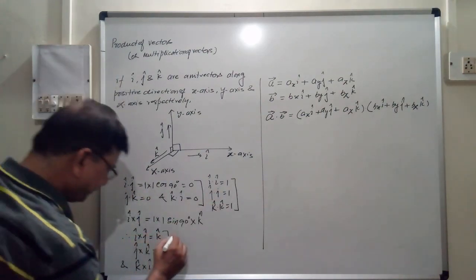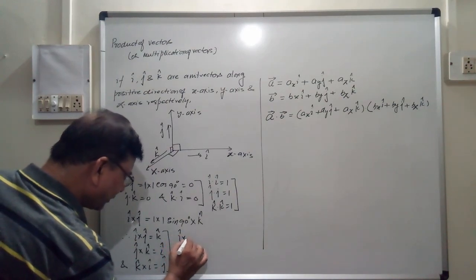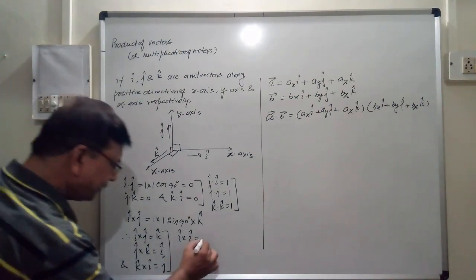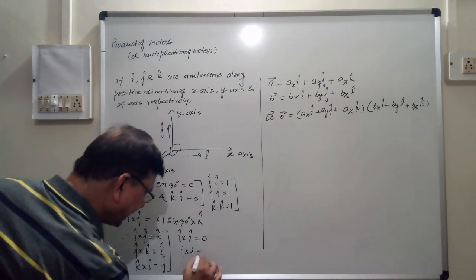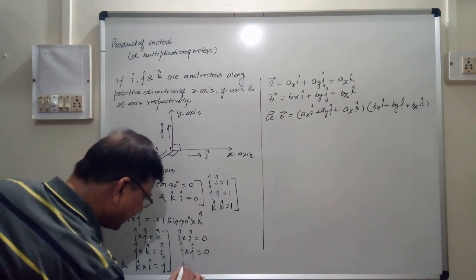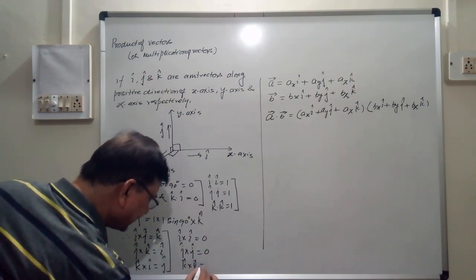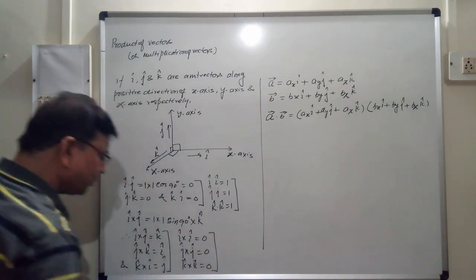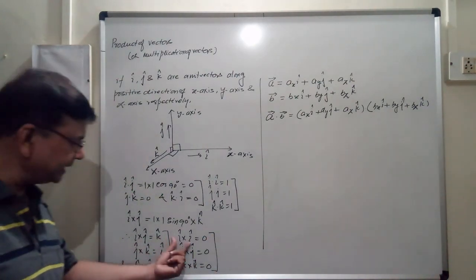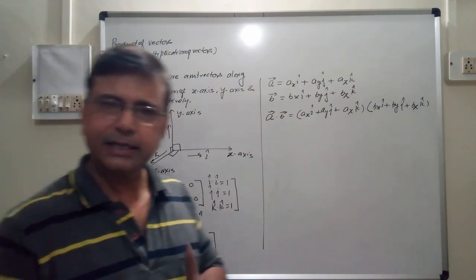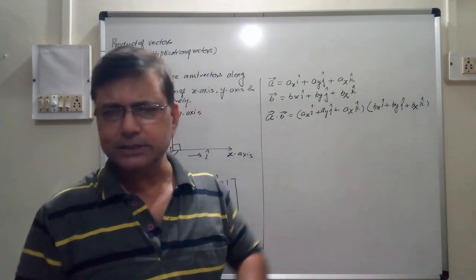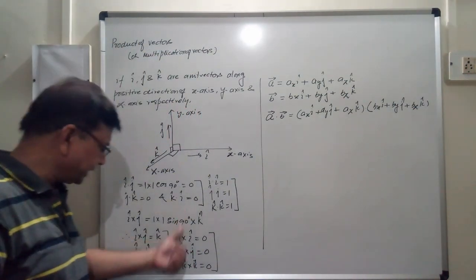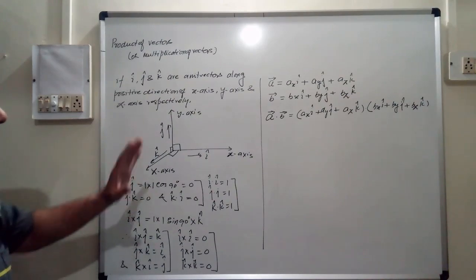Similarly, here you look at I cross I, here it will be 0, J cross J is equal to 0, and K cross K, that is equal to 0. Why will it be 0? Because angle between these two I and I is 0, because both are in the same direction, same vector, so angle is 0, so sine 0 is 0. So this is very important relation, you should remember.